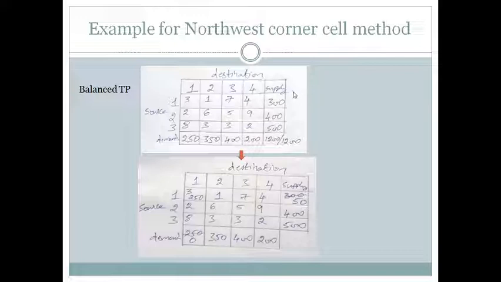We should first check whether the given cost matrix is balanced. That's a preliminary check. If it is not, then we are supposed to convert that unbalanced TP to a balanced TP. The example I have taken is already a balanced TP, so the supply and the demand are equal.